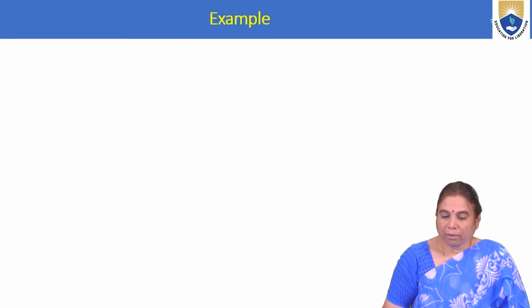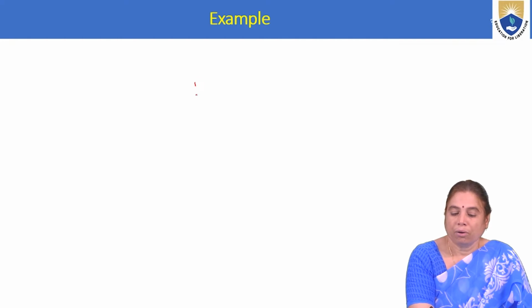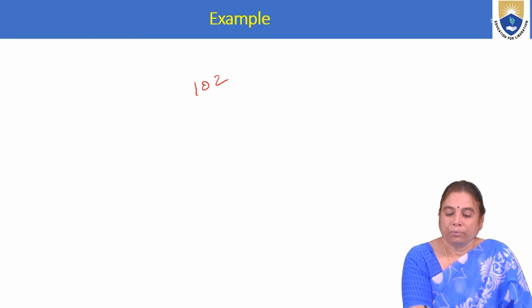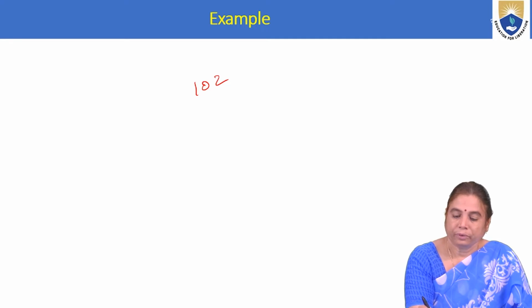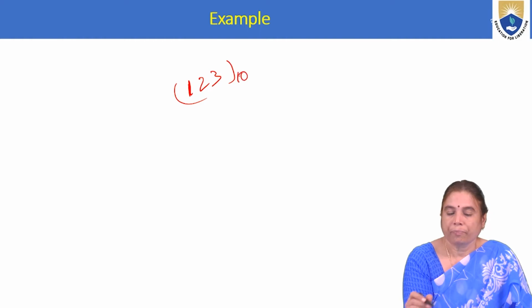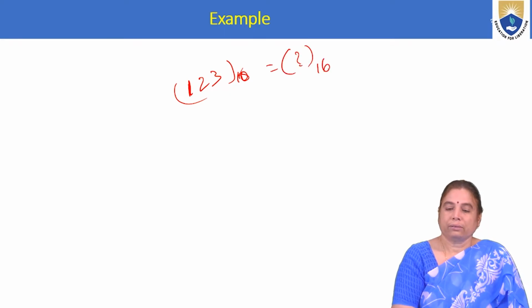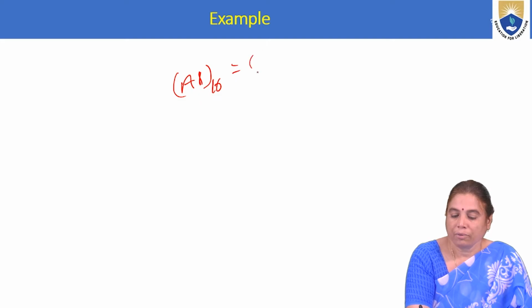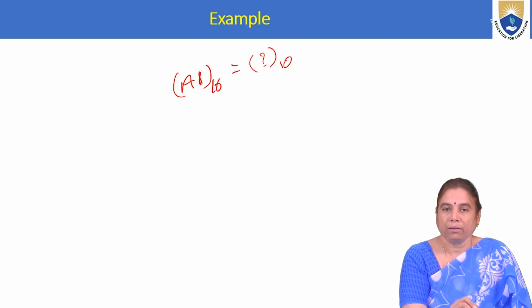So similarly, we will take an example. This is a hexadecimal number. Take the hexadecimal number A1. How can it be converted into decimal?